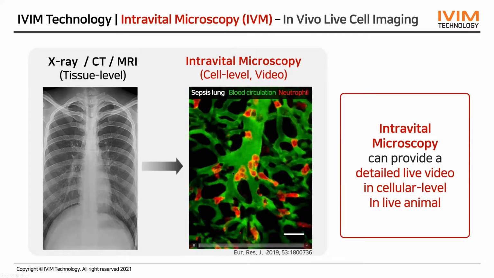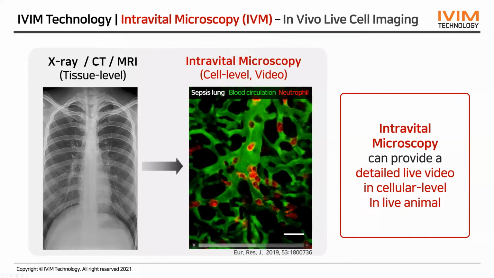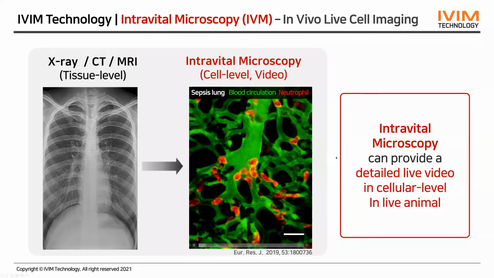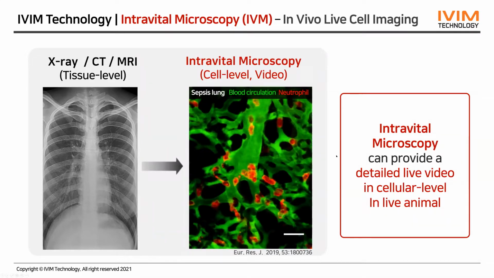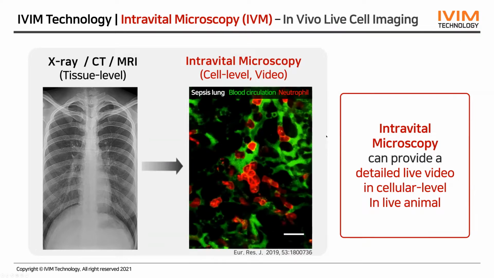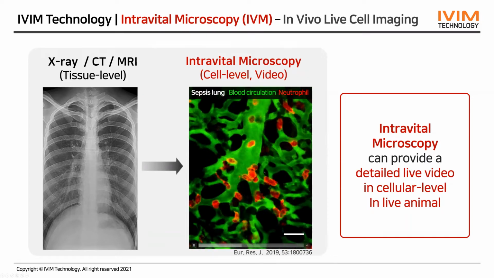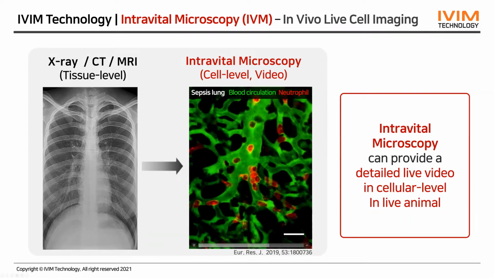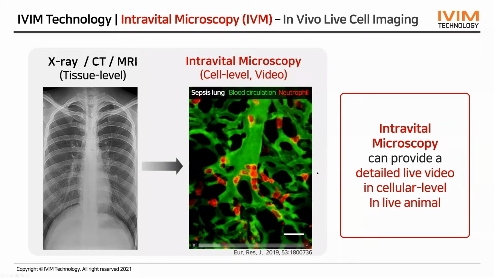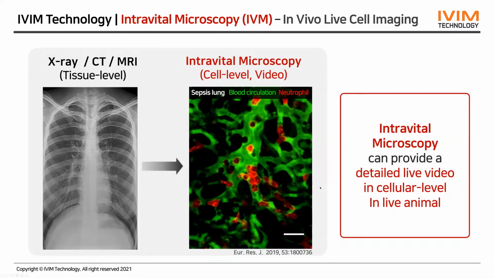In this example in the middle, what you are looking at is the lung of a sepsis mouse model. The green shows the blood circulation, which is visualized by intravenously injected fluorescent dextran. The red color is intravascular neutrophil inside the blood vessel. They are also fluorescently labeled by an antibody conjugate that can specifically label the neutrophil.